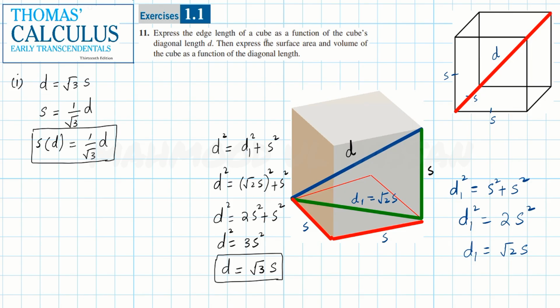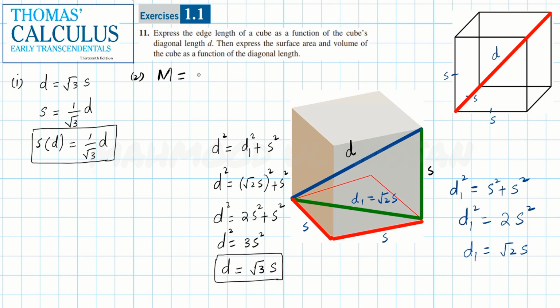Now the second part: express the surface area and the volume of the cube as a function of the diagonal length. First the surface area. As I told you earlier, the cube has 6 square faces. Let me denote the surface area of this cube by m.